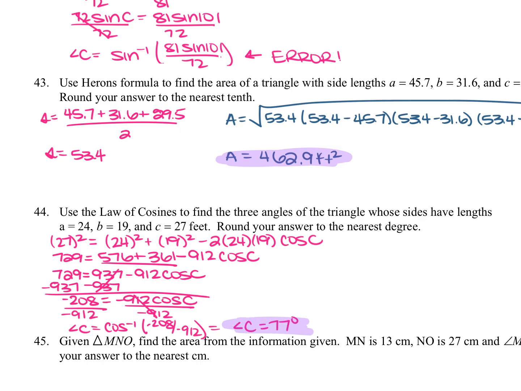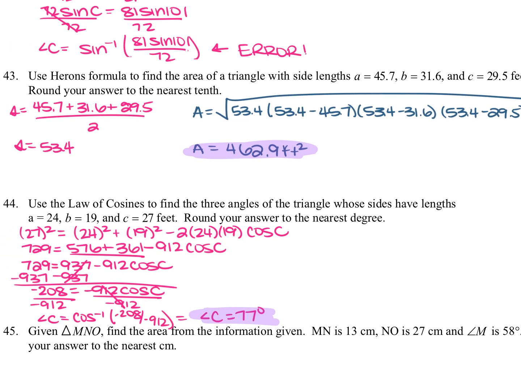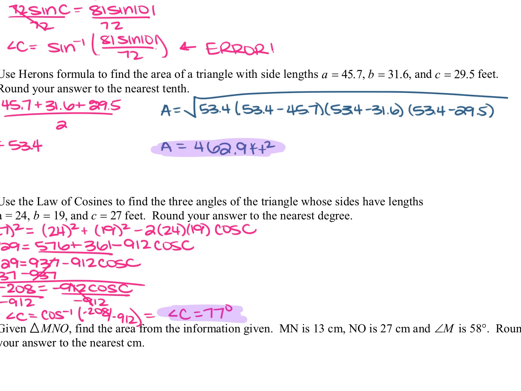From here, you can use the law of sines to find your next largest angle using the next largest side length. So we're going to do sine A over 24 is equal to the sine of 77 over 27. This gives us 27 sine A is equal to 24 sine 77. Divide each side by the 27.